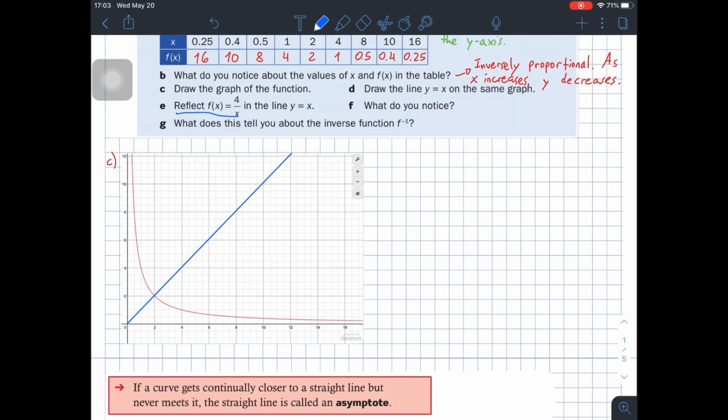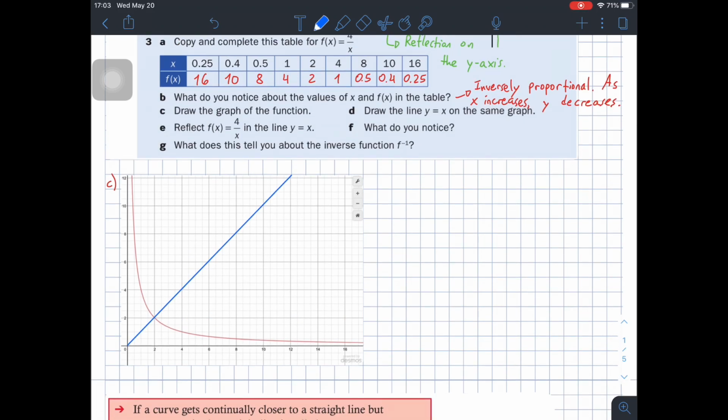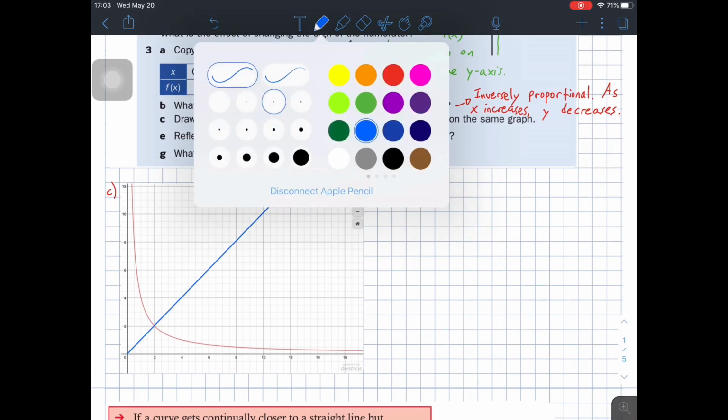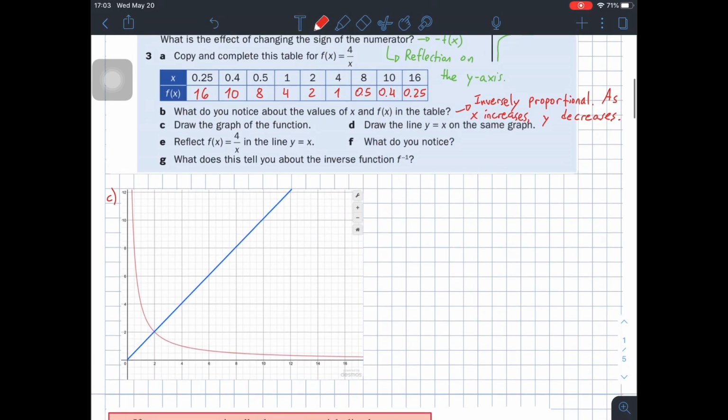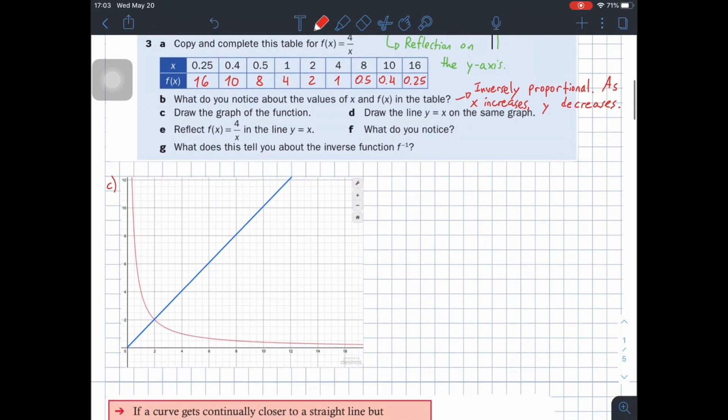Then part E says reflect f of x in the line y equals x. So basically what we're asked to do is to find the inverse of this function. Pay attention, because this is something interesting. If I identify the important points of this graph, for example, I'm going to plot these points. 0.25 and 16, well, I cannot put that. 0.4 and 10, that would be this point over here, so I'm going to write 0.4, comma 10.